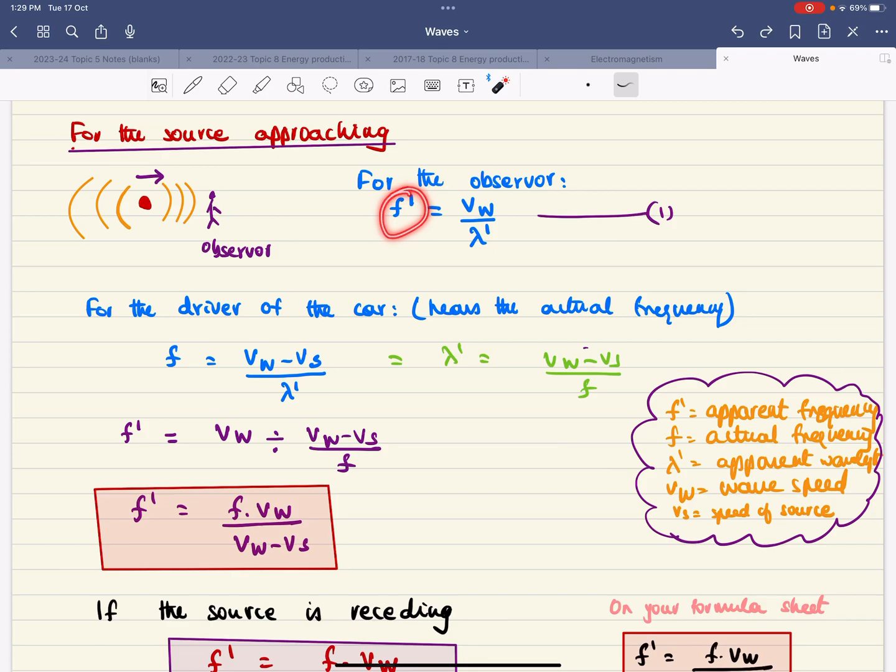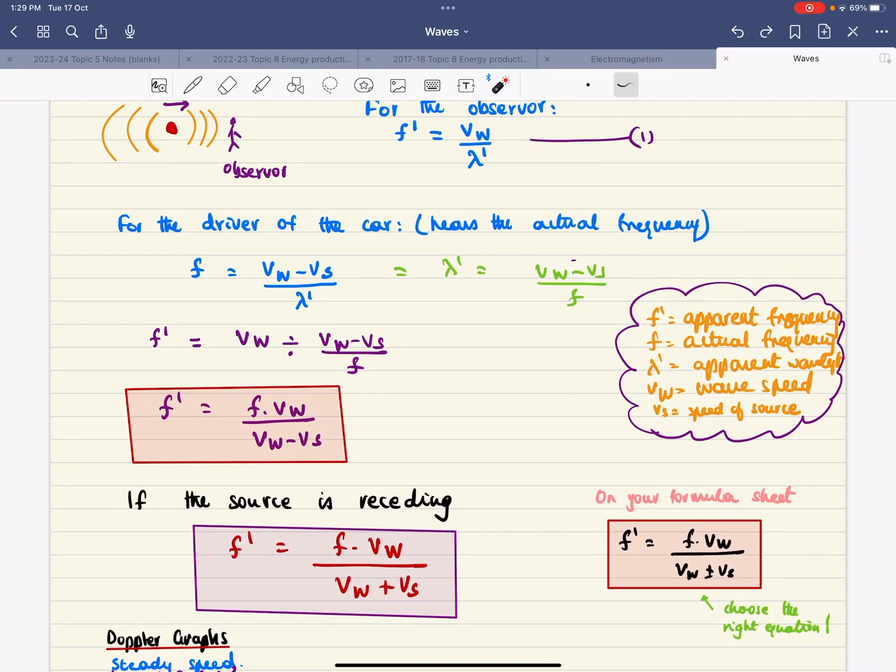That frequency depends on wavelength and wave speed. So frequency is wave speed, which is the same, divided by this changed wavelength. For the driver of the car, they are going to hear the actual frequency. So frequency is again the relative wave speed divided by the relative wavelength, or the apparent wavelength.